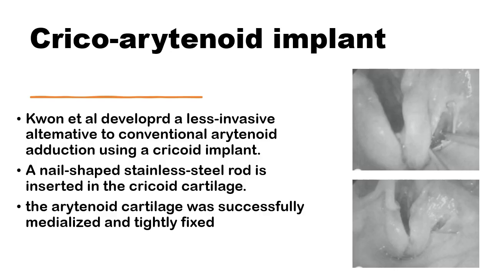A less invasive technique that can be used through microlaryngosurgery is the cricoarytenoid implant, in which a small pocket is fashioned in the posterior part of the cricoarytenoid joint. This would be the hypopharyngeal mucosa, a small pocket in here, and then a small implant in the form of a stainless steel rod about 8 millimeters would be introduced into this small pocket to displace the arytenoid medially and forward, and then the pocket would be closed by glue.